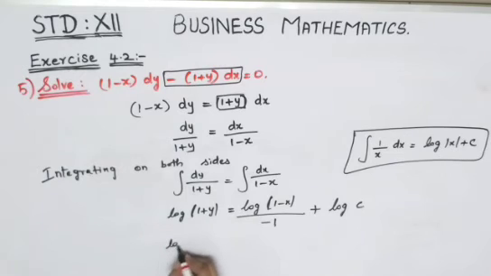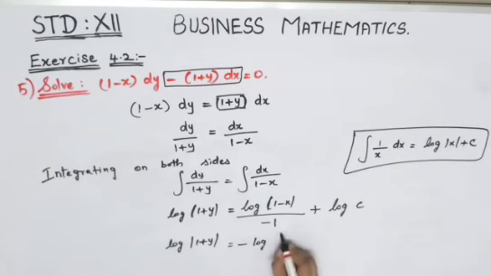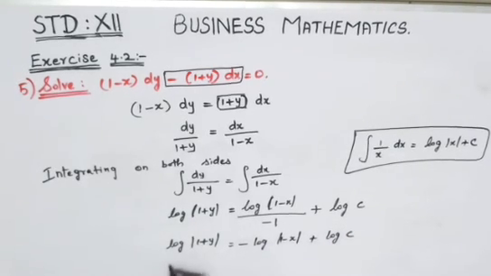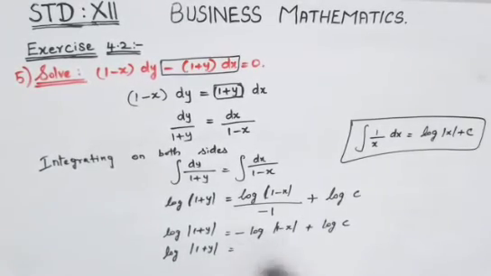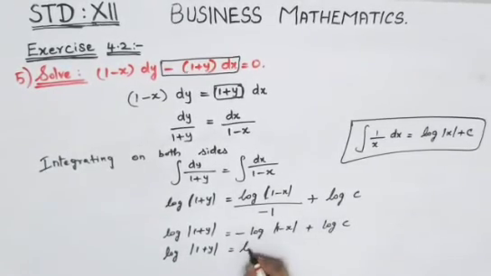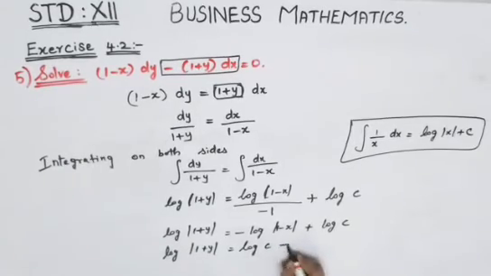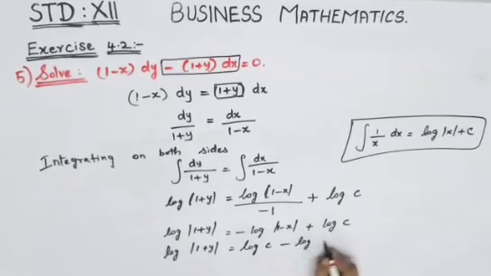Now the next step is log 1 plus y is equal to this minus, take it to the numerator. So minus log 1 minus x plus log c. So again log 1 plus y is equal to your positive term towards your first term, minus towards your second term.